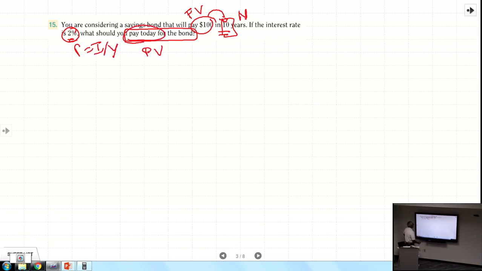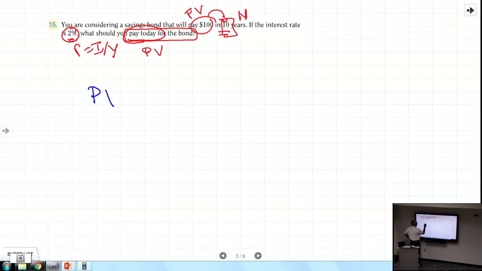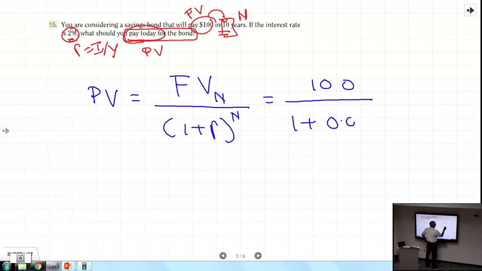So in terms of my present value, future value formula, I know that present value in a multi-year framework is future value at period n divided by 1 plus r to the power n. So I could solve this: $100 divided by 1 plus 0.02 raised to the power 10. So that could be one way to solve the problem.